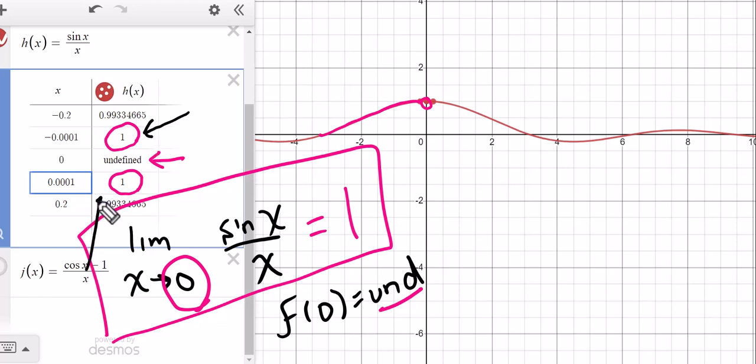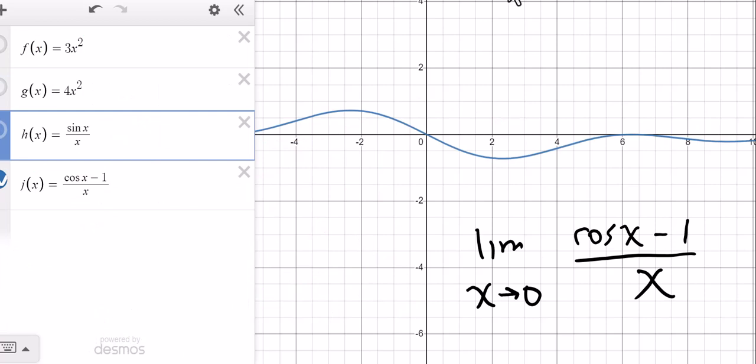From the right, it's approaching 1. And so this has to be 1. Not the actual value, but the limit, the prediction. What should be there is it should be a 1. So what we're saying is as x is approaching 0, from the left and from the right, there should be a 1 there. That's what the limit is doing for us.